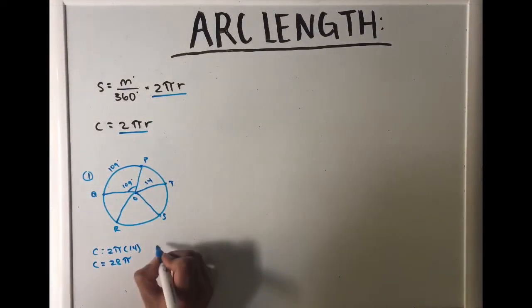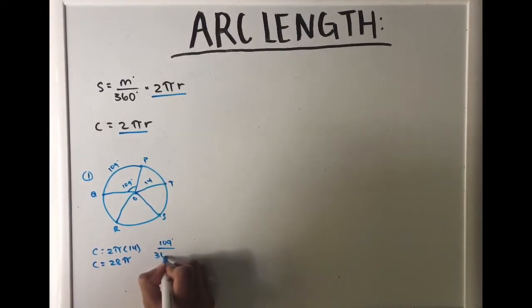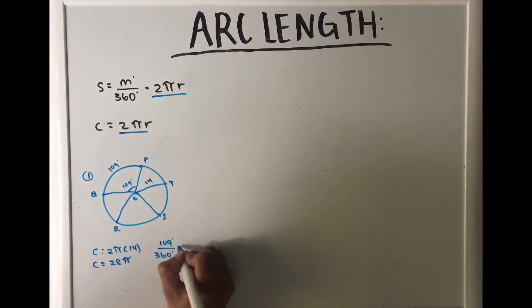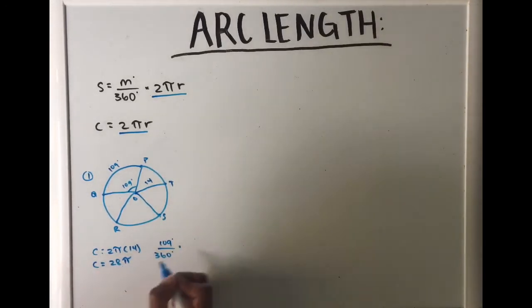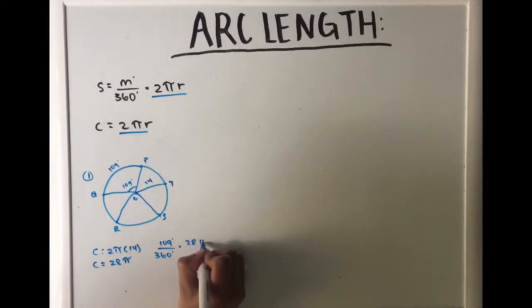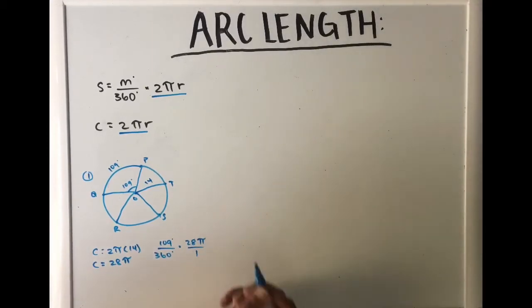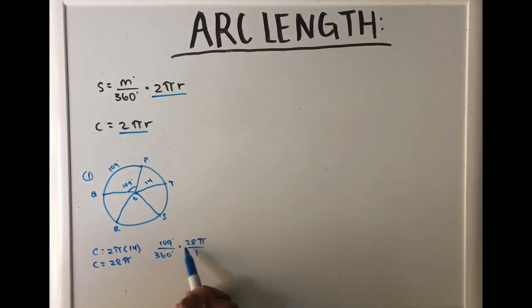We're gonna have 109 degrees over 360 degrees multiplied by this 28 pi, and we can say that's over 1 because there's nothing under it, and we're already given a fraction here, so it'll just make things easier.